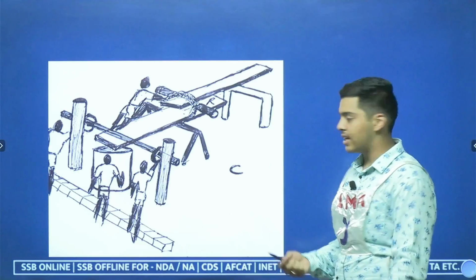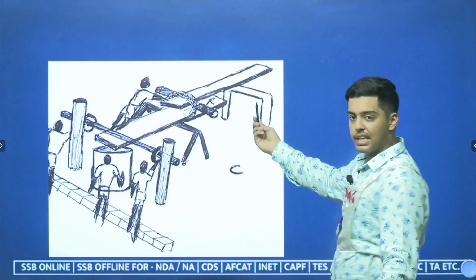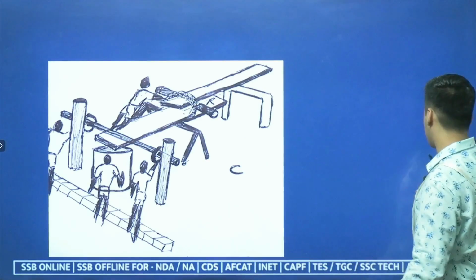It will not touch the red colored region, and also the other end would be placed on the inverted U-shaped structure. This will create a stable bridge and we can pass on.